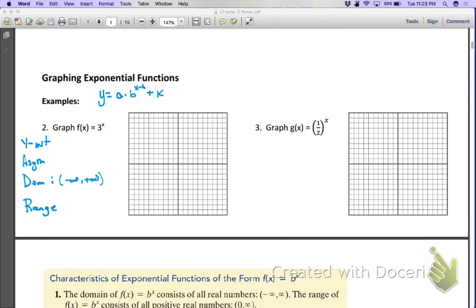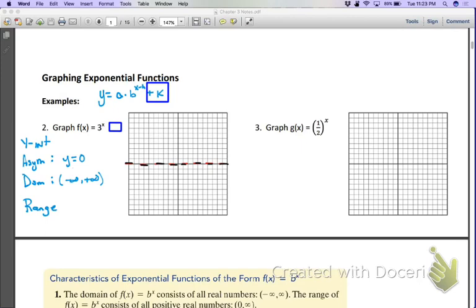If there is no k back here, that means our asymptote is just going to be at y equals 0. Once you have your asymptote, I'm going to draw my imaginary line there at 0. You might be able to see it in red. Let's see if I can get it a little bit better. Black. Right there.